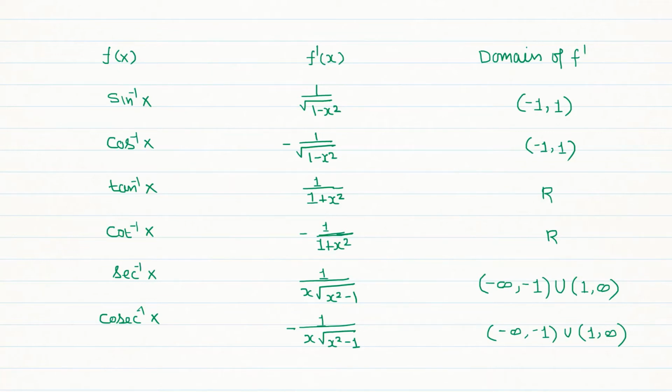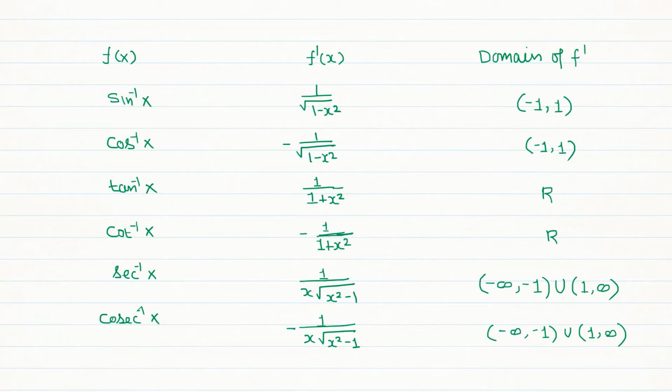Also, one very interesting thing to remember is that all those formulae are based on a particular pattern. For example, you can see sine inverse x and cos inverse x, the derivative is the same. Tan inverse x, cot inverse x, the derivative is the same. The only difference is that with cos inverse x there is a negative sign, with cot inverse x there is a negative sign.